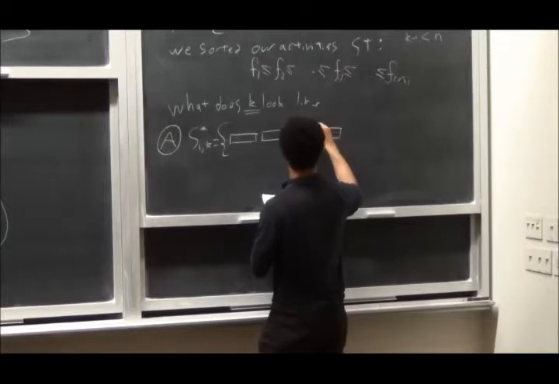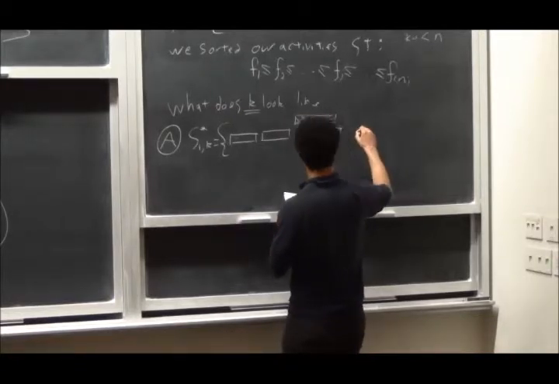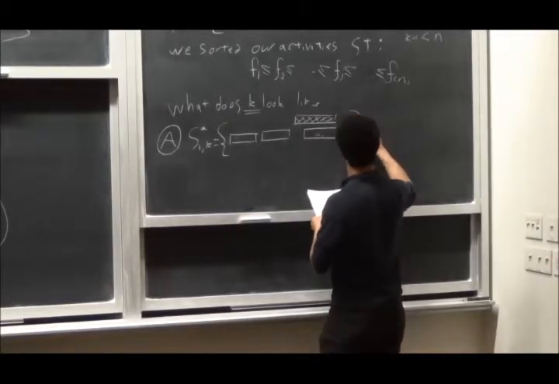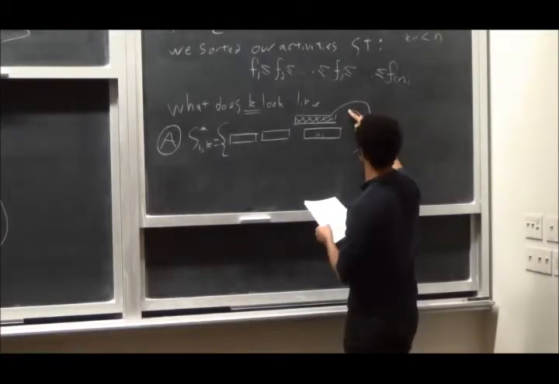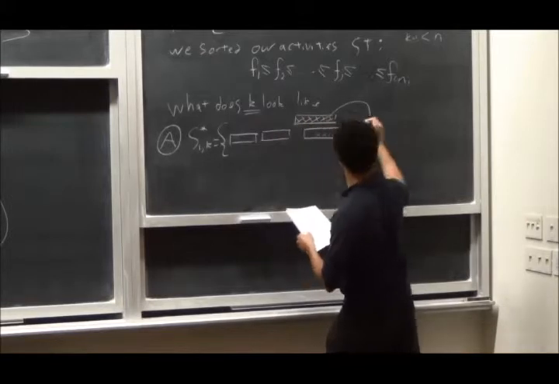So let's say there's some AJ here. This is not in the set actually, so make sure to be careful to exclude it in your notes.